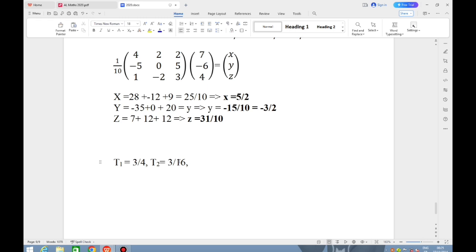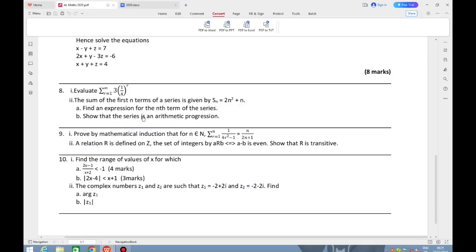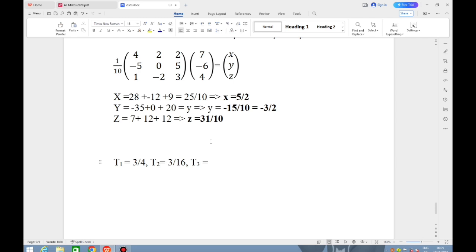And finally T3, let's end at T3, is when r is equal to 3, 4 to the power 3, that's 16 times 4, 64. So that's 3 on 64.